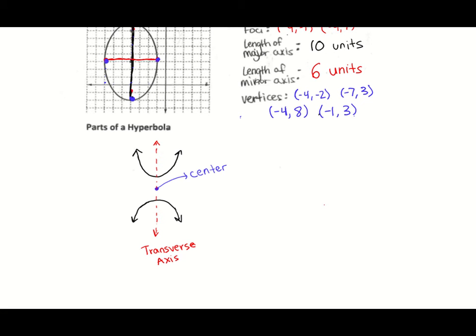This line goes straight down the center of the hyperbola and cuts each part of the hyperbola into two. The second axis goes the other direction. This axis is where if you folded the hyperbola over on this line, it would be a mirror. Each part would be right on top of each other. This is called our conjugate axis.